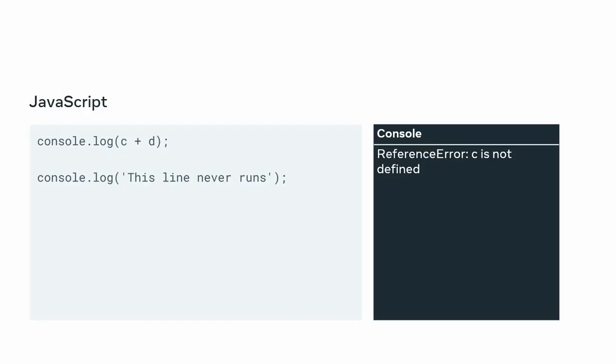Where would JavaScript find the values of the variables C and D? Well, it wouldn't, because in the sample code these variables don't exist. They have neither been declared or assigned. It would look for the variables of C and D. Since they don't exist, JavaScript outputs a reference error. This type of error occurs when a value is not defined, but you attempt to use it in your code.